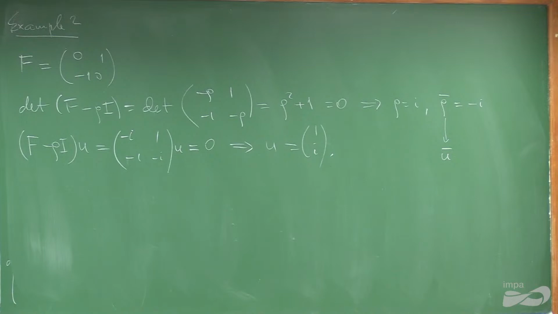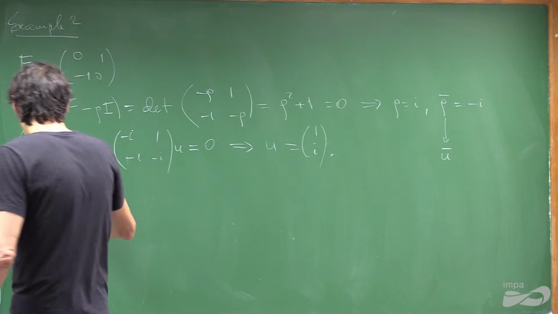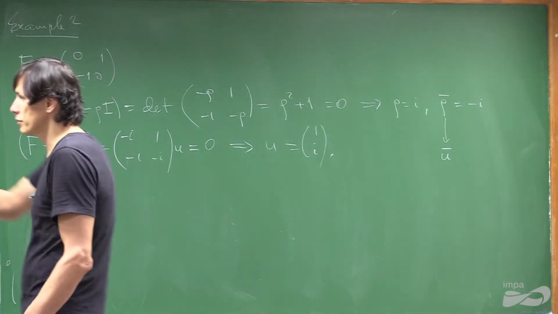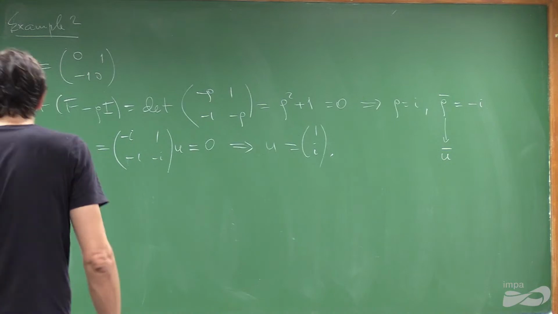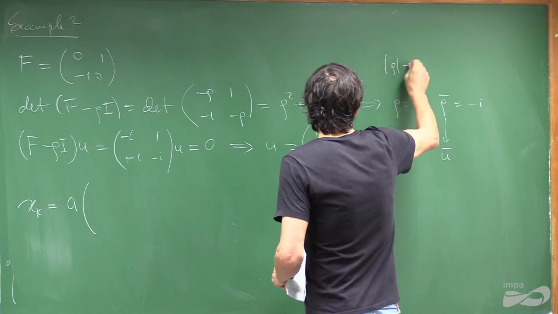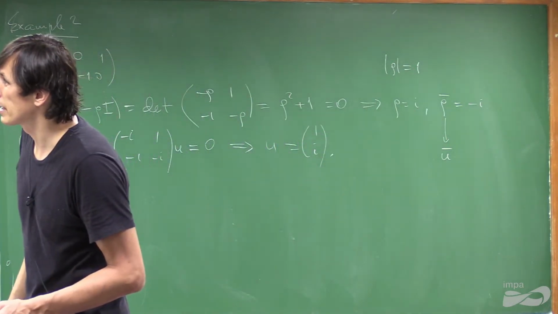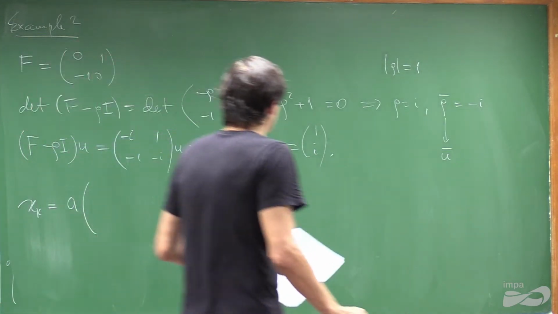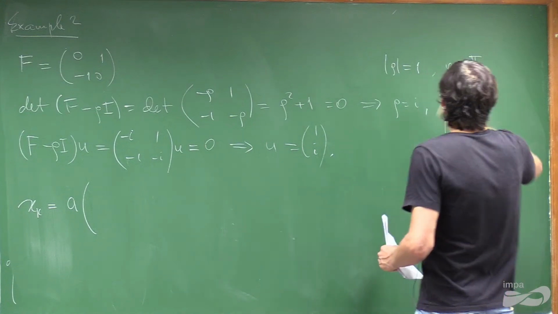So x_k, we have to write, I didn't write it. So x_k will be the first arbitrary coefficient by the first solution. What it is, it's modulus of rho to the k, and modulus of rho is 1, so we don't need to put it. And then there will be cosine, where phi is pi over 2, right?